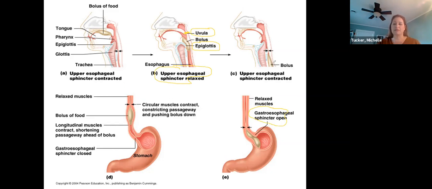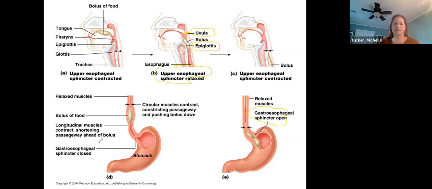Once the food bolus enters the esophagus, then the circular muscles contract and push that food bolus through peristalsis down past this lower esophageal sphincter, which is also at rest, normally closed.